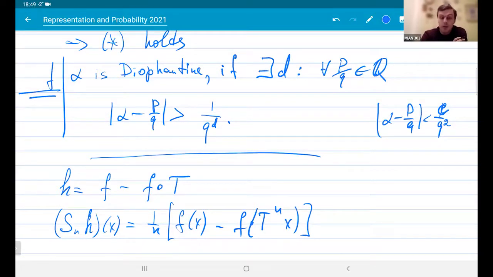And you see that in general, if you choose x somewhat randomly, then this difference is usually not small. At least sometimes it may be quite large. You just take the point x and the point T^n of x. It is of the order of 1.